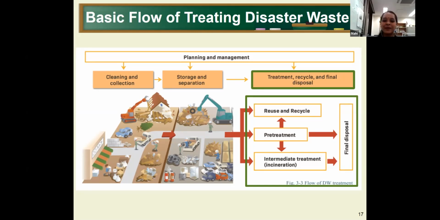But that was perhaps possible mostly because it's Japan. You know, we have good technology here. I feel maybe in most countries in Asia and the Pacific, it might be difficult to recycle 80% of the disaster waste. Yes, I agree with Mahisan.